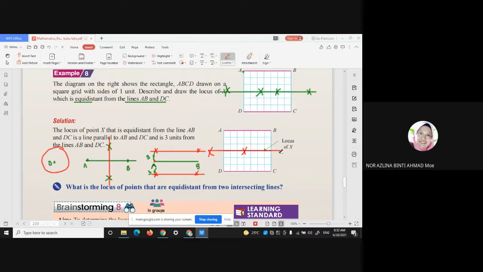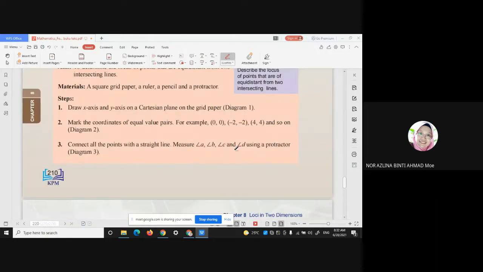So we have 4 types of locus: a circle, a straight line between 2 points, a straight line up and down from a straight line, and a straight line between 2 lines. Okay, this is locus.